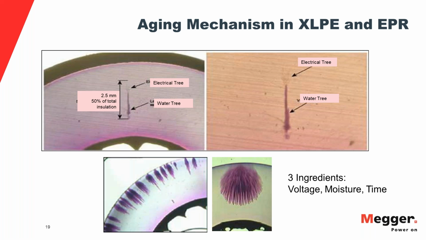So what is water treeing? As you can see, you get these three-dimensional structures filled with water. By the way, if you ever cut a cable open, it does not look like that. These are samples where they put an indicator fluid to color the water pocket. Otherwise, you cannot really see the water trees.